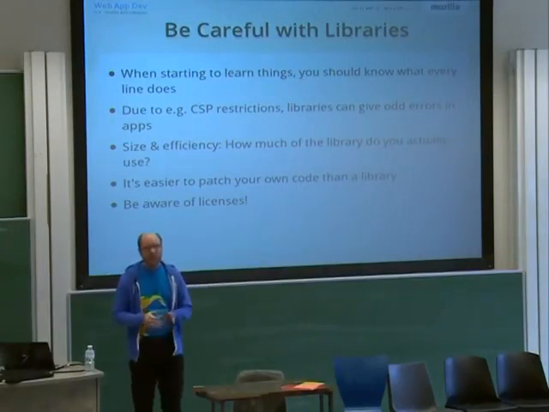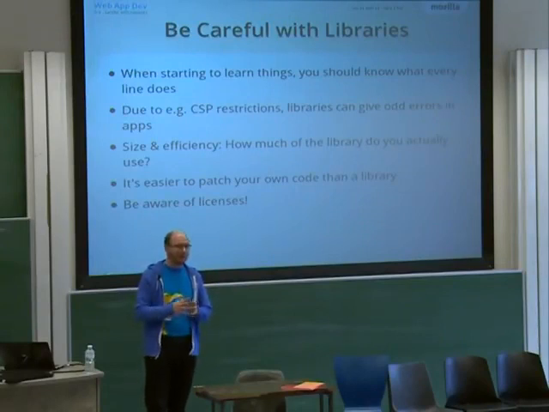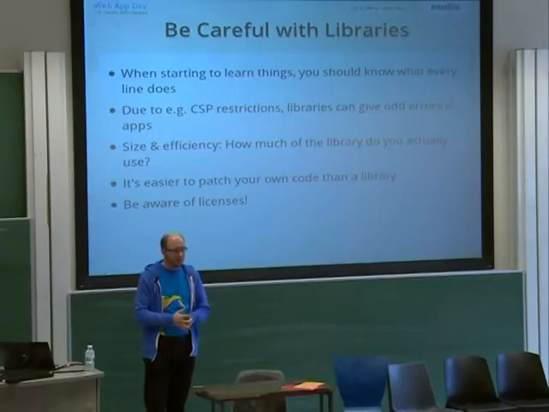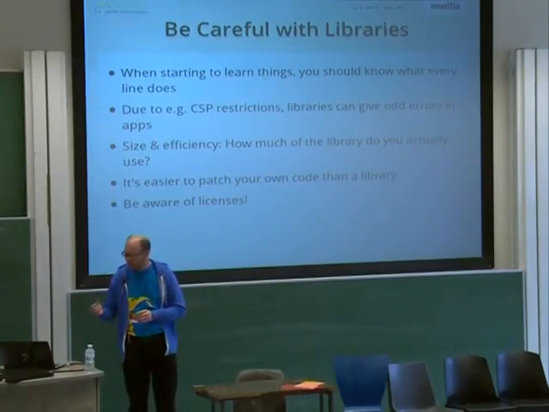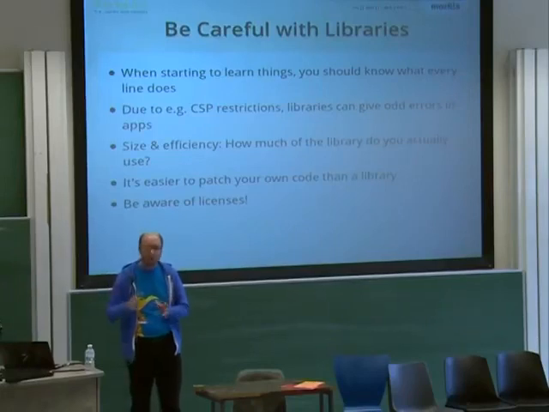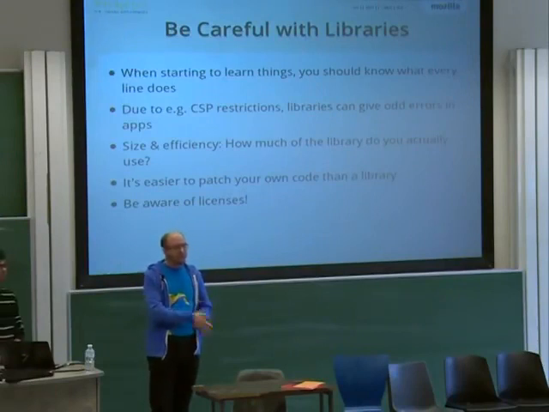In web apps especially, especially when you use packaged apps that need some advanced permissions that normal hosted apps, normal websites don't get, then you have stronger restrictions on what you can do in your code, especially through the CSP, what's the name? Content Security Policy, I think. You have restrictions on what you can do. Libraries were written for normal websites usually, and those libraries might not apply to those restrictions.